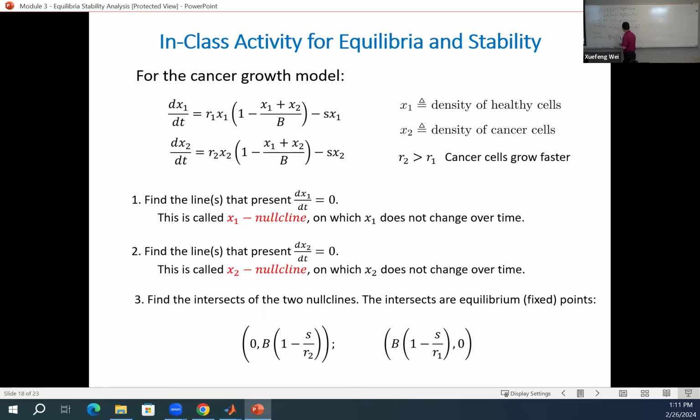Then we will have either x2 equal to 0 or the same thing as this, but with r1 changed to r2, because the equation is exactly the same: x1 plus x2 equals b times (1 minus s over r2). So these two conditions represent the x2 nullcline.